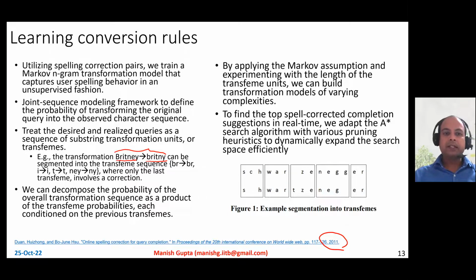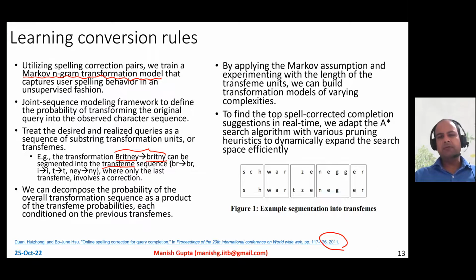Okay. A particular model called the Markov n-gram transformation model is learned by looking at a lot of these conversions in the past. You first take your original query and the transformed query, and break them down into smaller subsequences. In this paper, they call them transfemes, right?